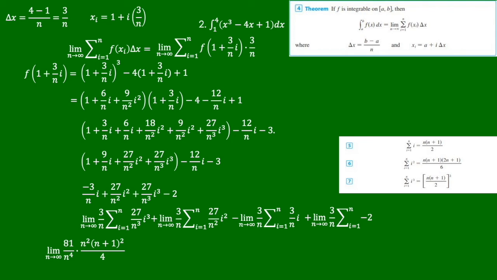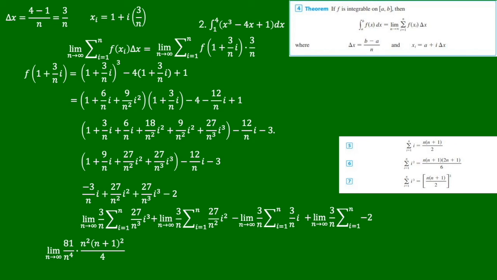Now, you want to simplify. In this case, we're beginning to factor out the n's from the inside of the summations. And also, we are evaluating the summation using equations 5, 6, and 7.